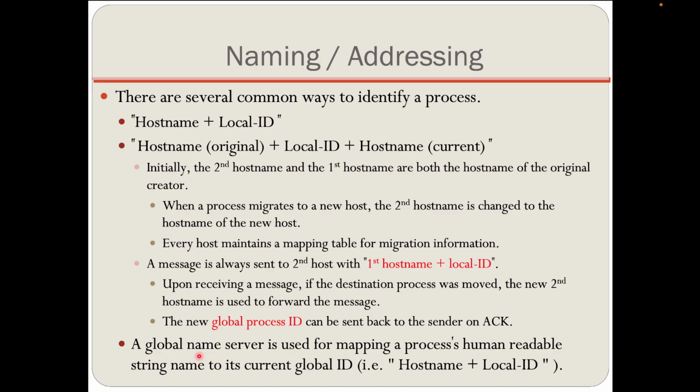Before any sender sends a message to a process, they look at this global name server. So now the real address will be something like this. But in the send and receive APIs, the destination address or the source address can be these human readable string names, so you don't need to remember those ID-based names.